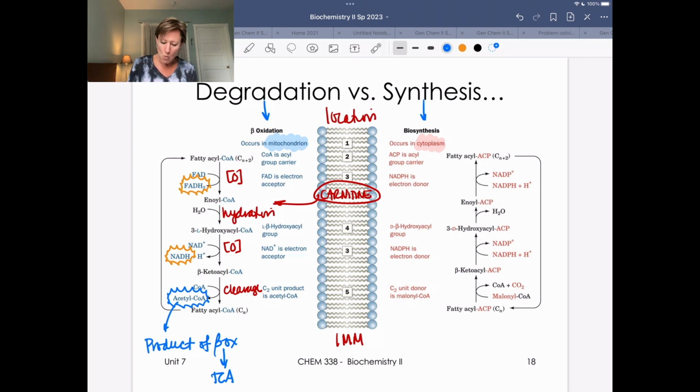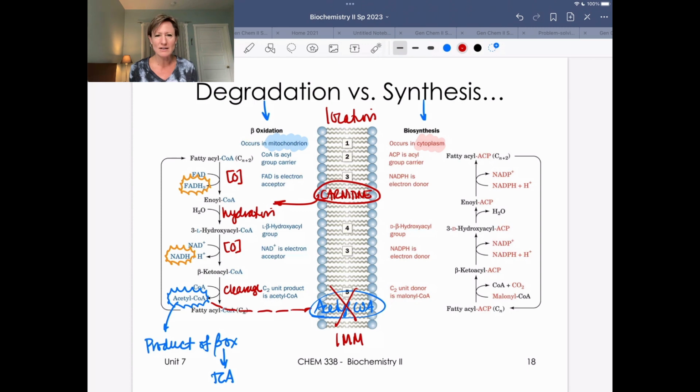Now, another important piece to highlight is that we do not have transporters for acetyl-CoA. So there is no acetyl-CoA transporter. And this is an important fail-safe because it ensures that catabolically derived acetyl-CoA from beta oxidation does not make its way back into the cytosol, into the cytoplasm, to be remade into fats.